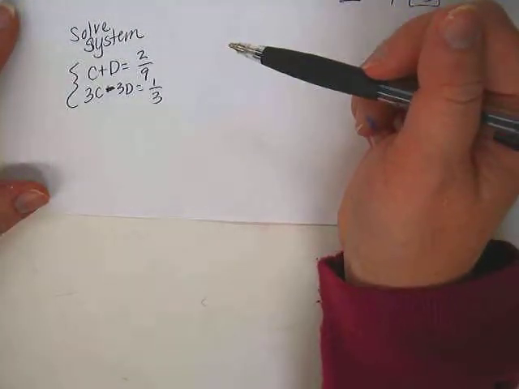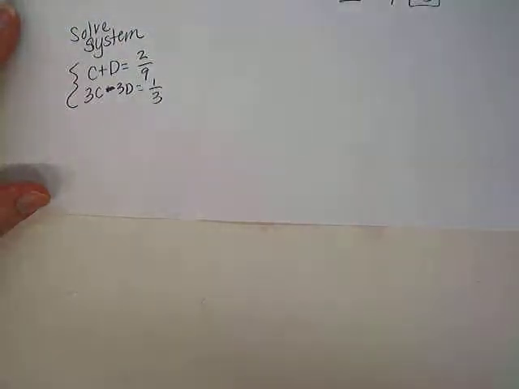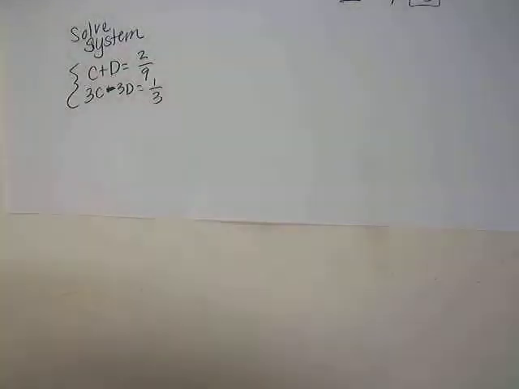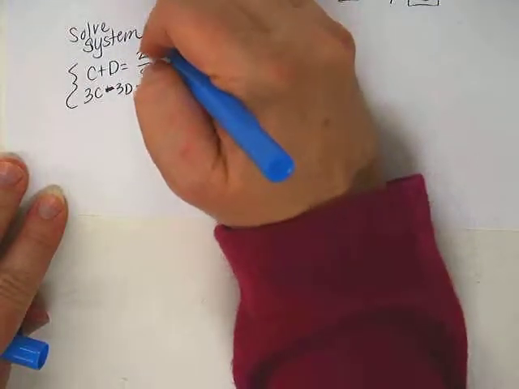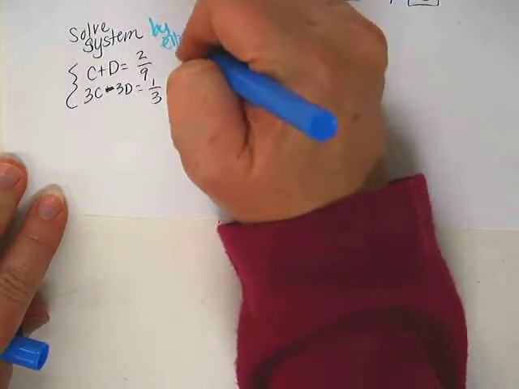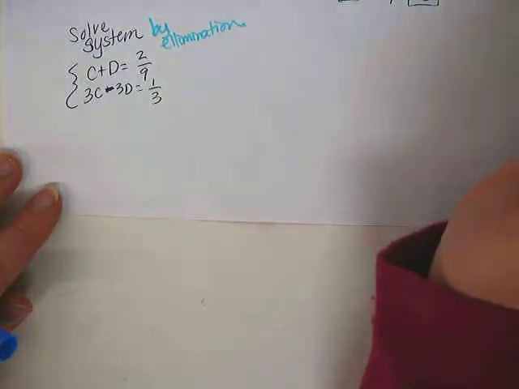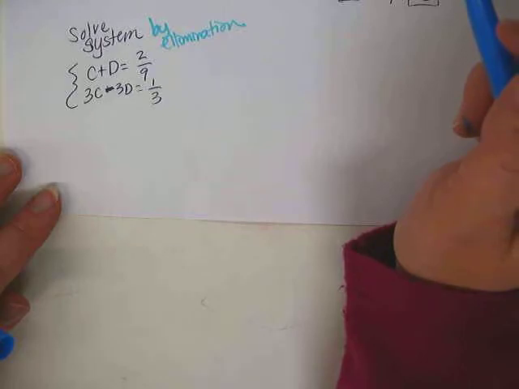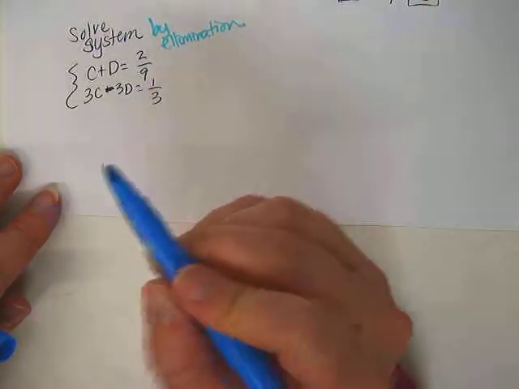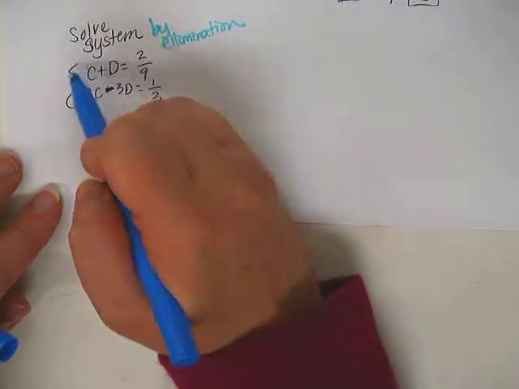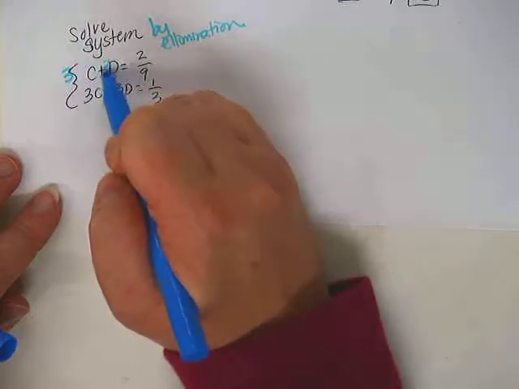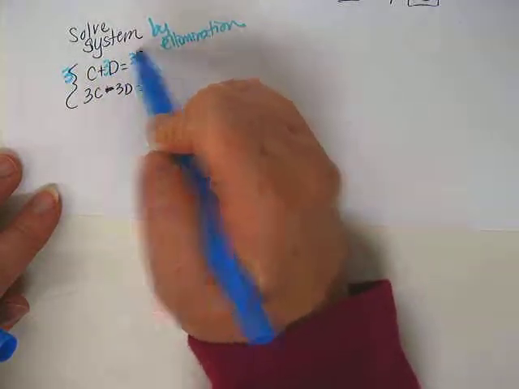Okay, so now I have a system, 2 equations, 2 unknowns. How do you want to solve it? We could do substitution. We could solve the top one for c and plug it in the other one. Or we could do elimination. Okay, you guys are choosing to do elimination.